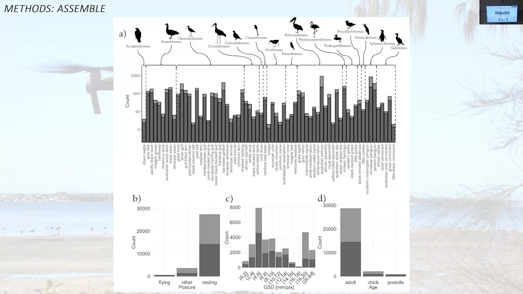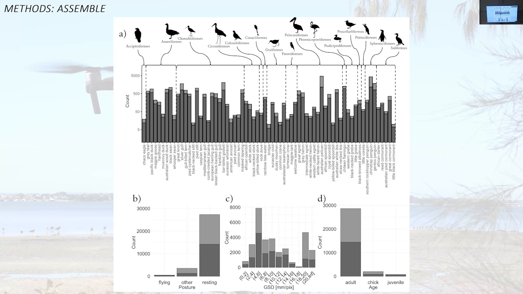So here's a look at that data set. The top plot shows the different species and the number of instances we had for each of those species. And then I've got little images up the top representing the family of those birds. And then down the bottom, we have a few different metrics that describe the data set.